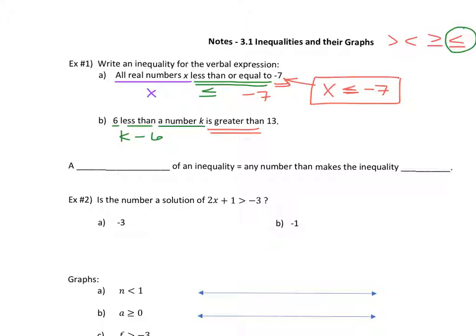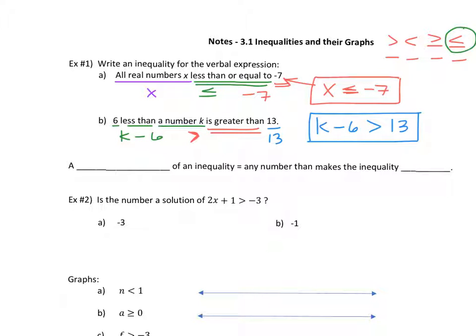So greater than is which of those 4 symbols? First, second, third, or fourth? The first one, right? So 6 less than a number k is greater than 13. So your inequality setup would be k minus 6 is greater than 13.